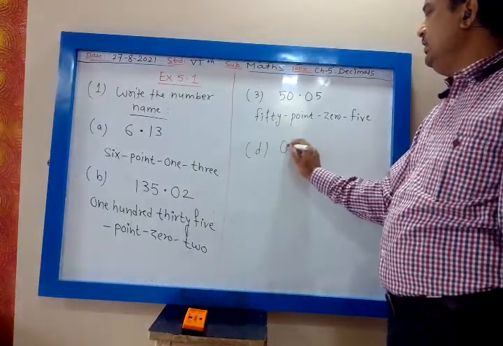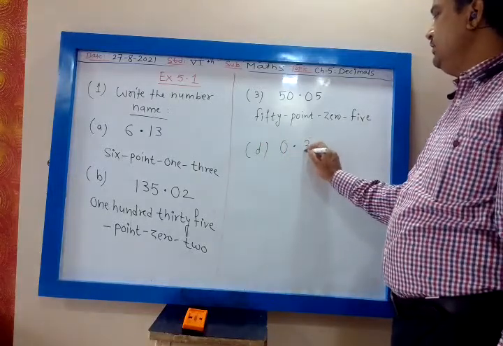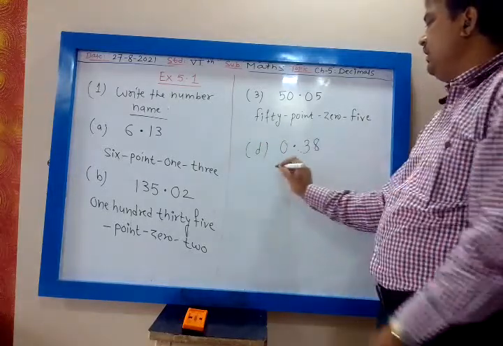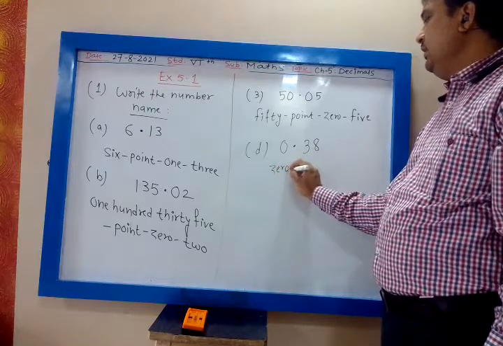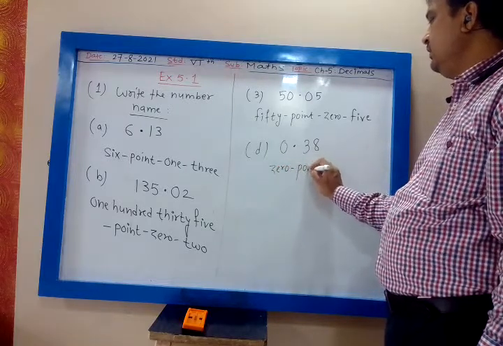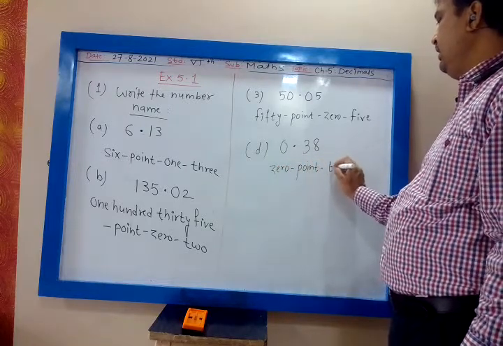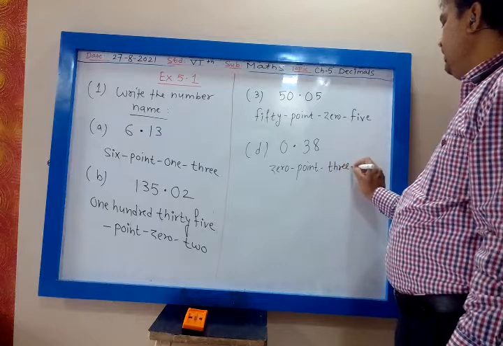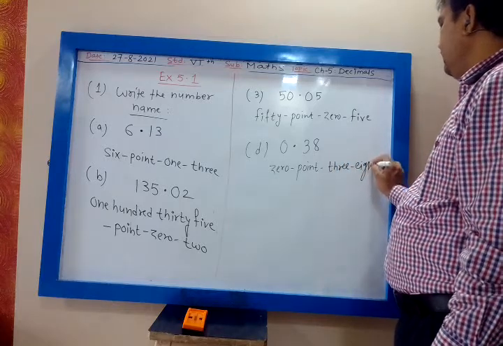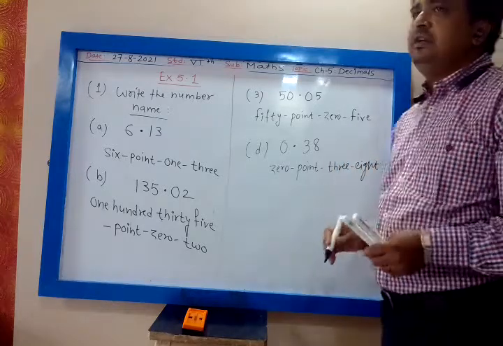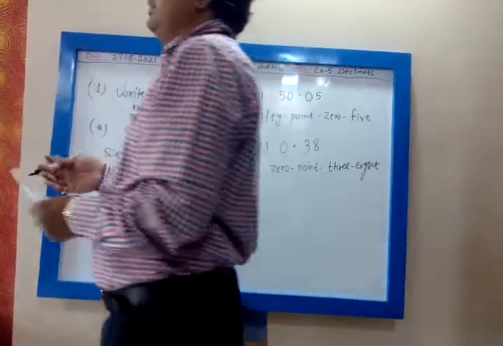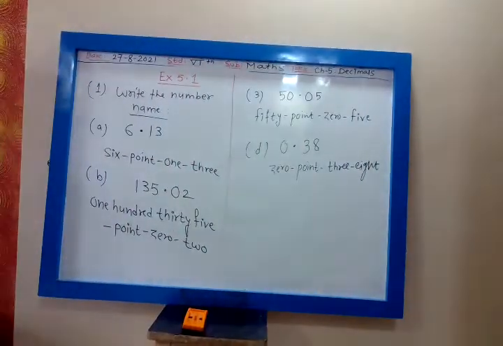Then 0.38. What will you read? Before decimal we have 0, so we write 0. Then point, then 3, then 8. After decimal you will read them as single digits. You will not say 38.